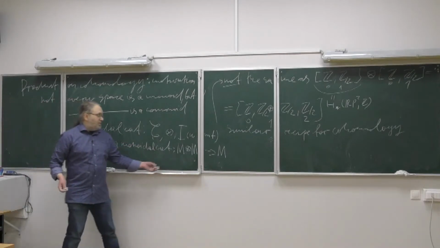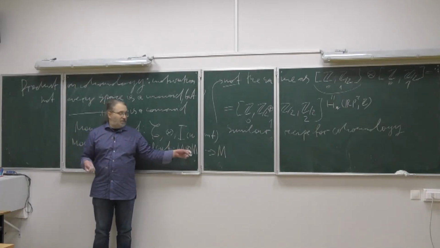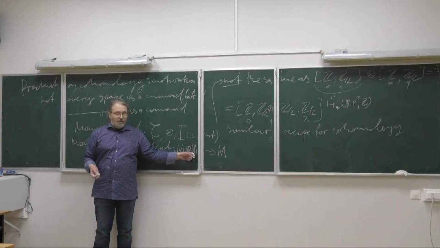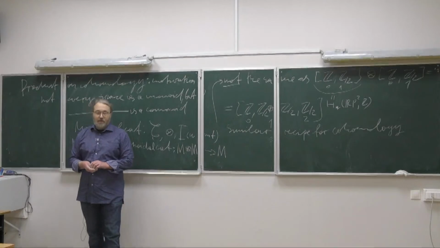Basically, to have a monoid, we need to have a morphism from the tensor product M tensor M to M itself. Well, this is not surprising.